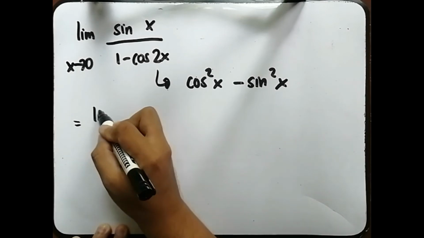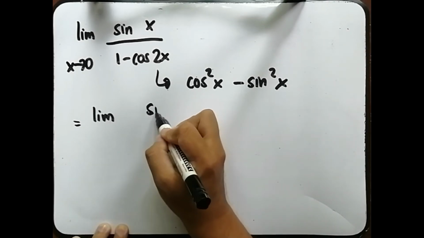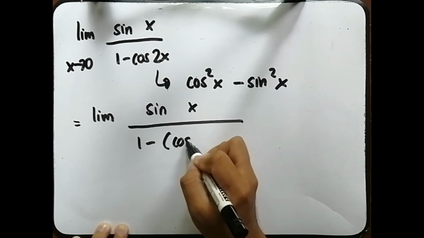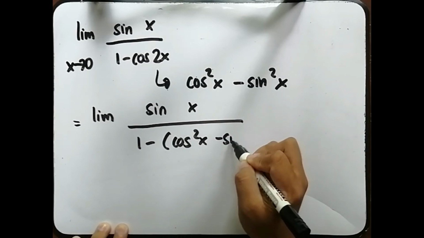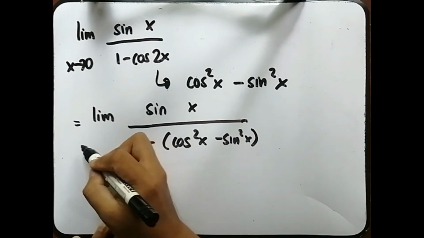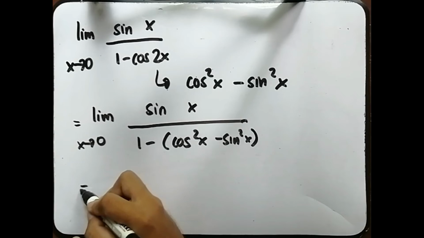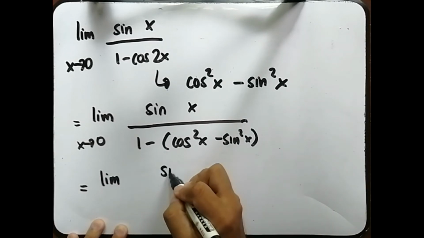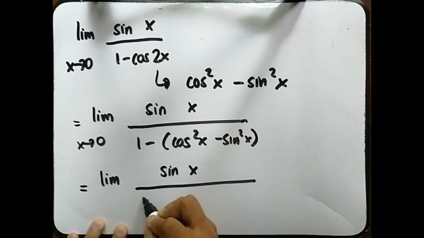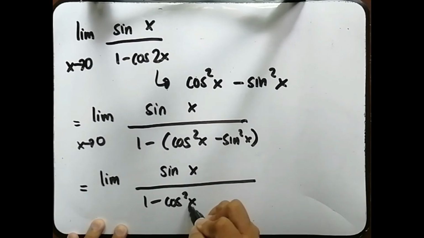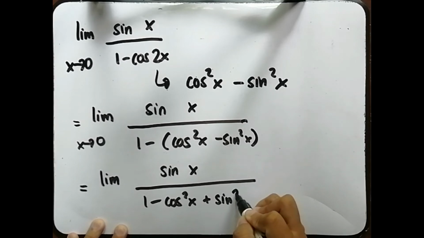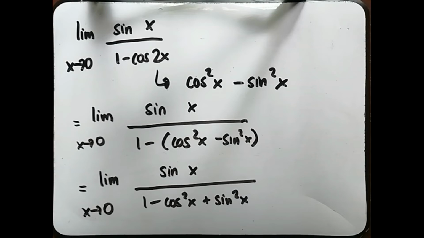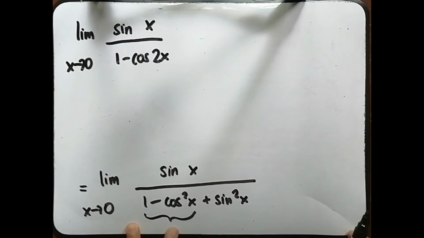So we can rewrite this now as the limit of sin x over 1 minus cos squared x minus sin squared x as x approaches 0, which is equal to the limit of sin x over 1 minus cos squared x plus sin squared x as x approaches 0. So ano ba tong 1 minus cos squared x?